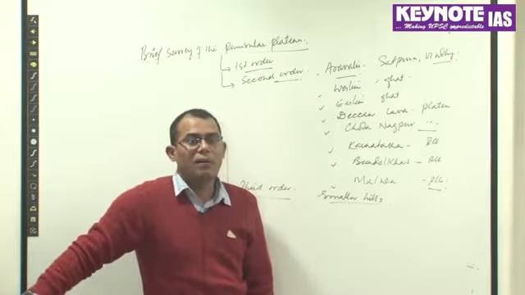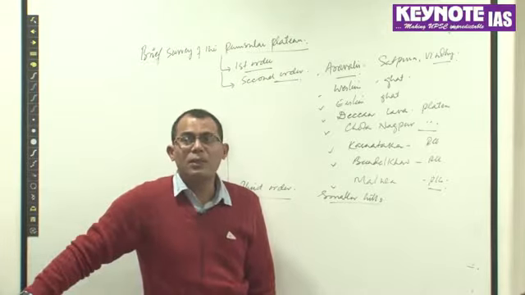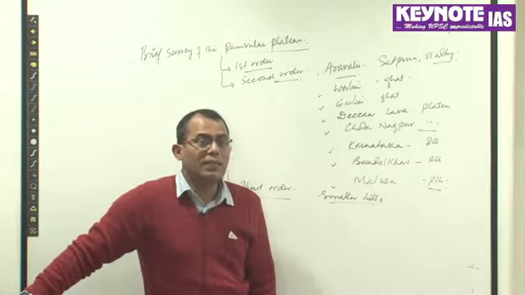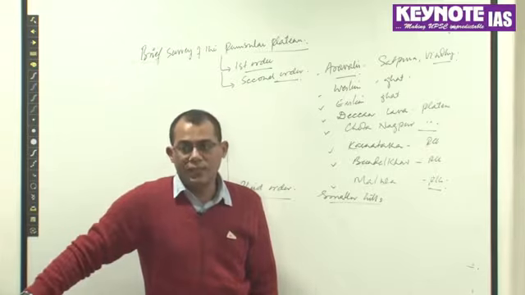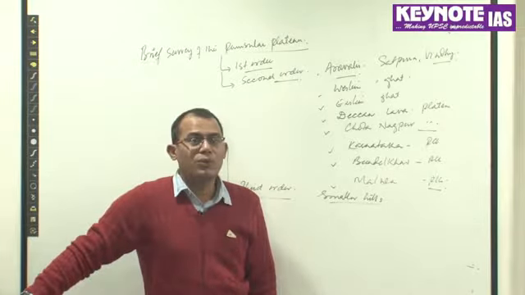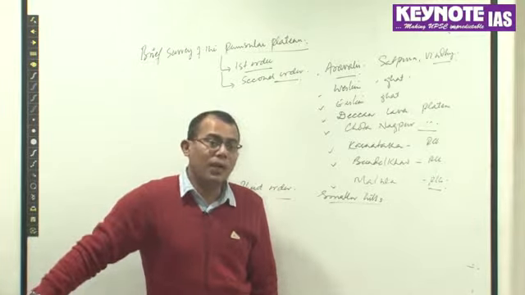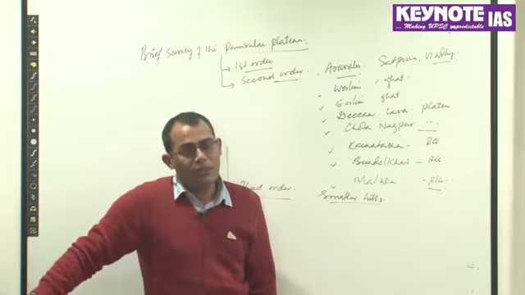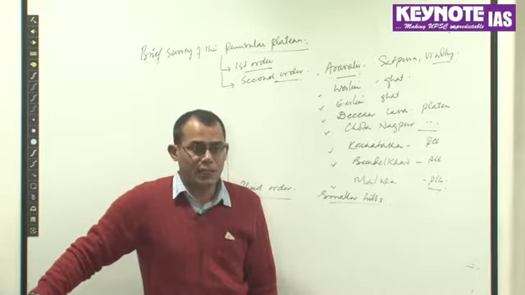Third order landforms are far higher in numbers over the continental areas as compared to the oceanic areas, because exogenetic forces are far more active over the continental areas as compared to the oceanic areas.